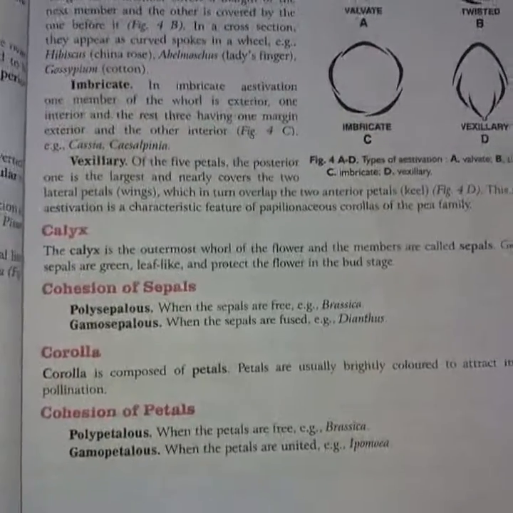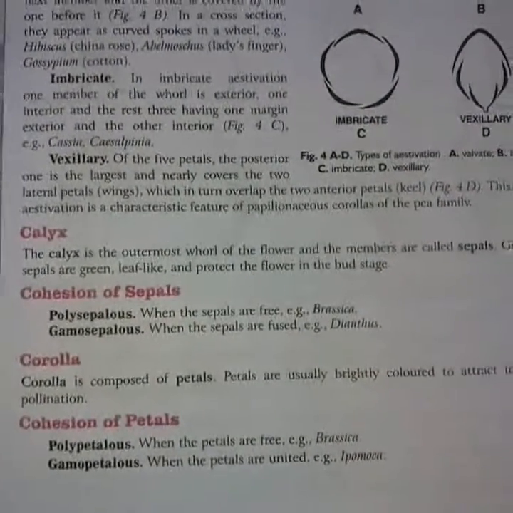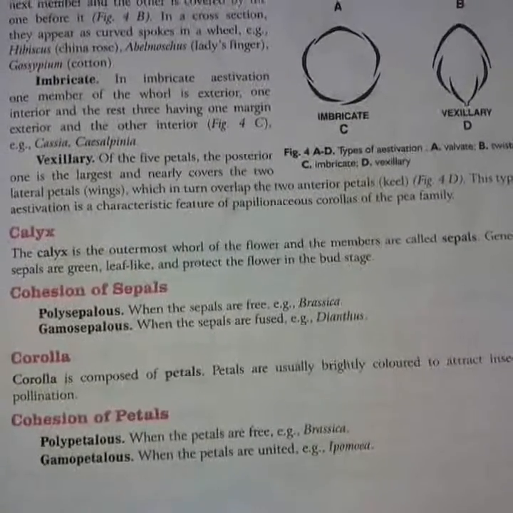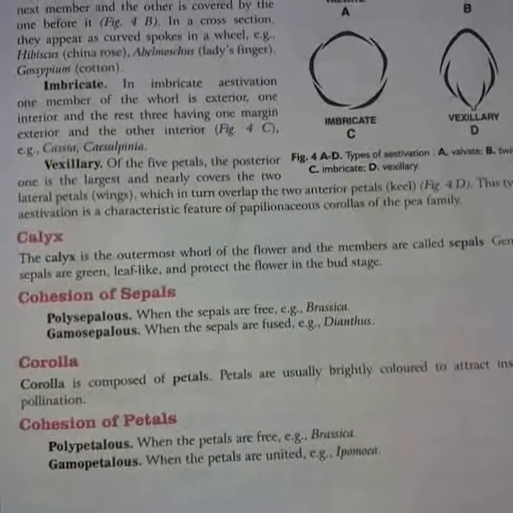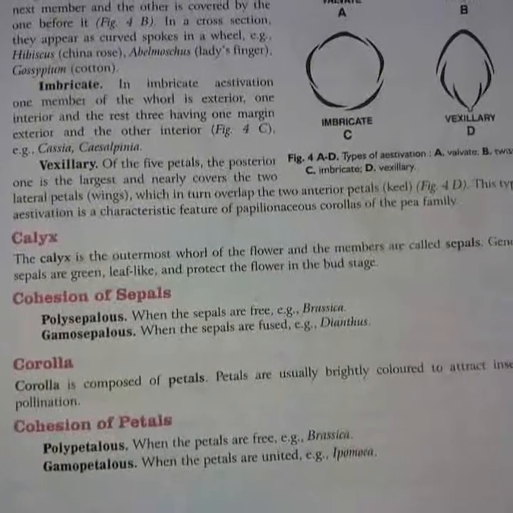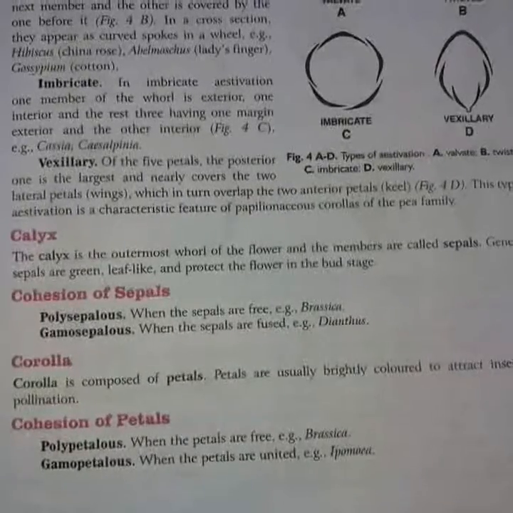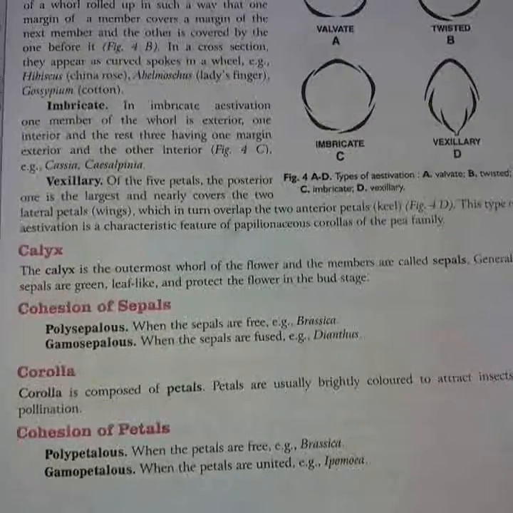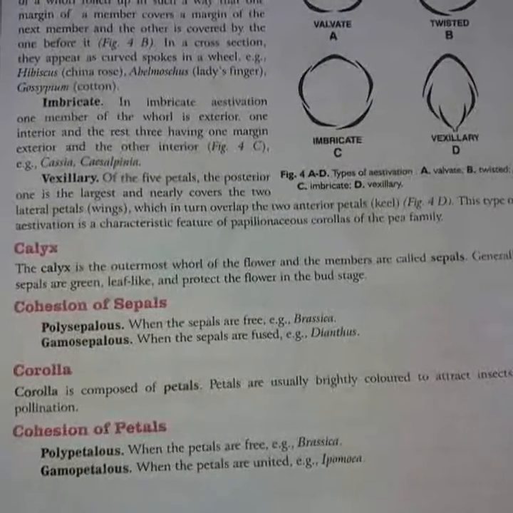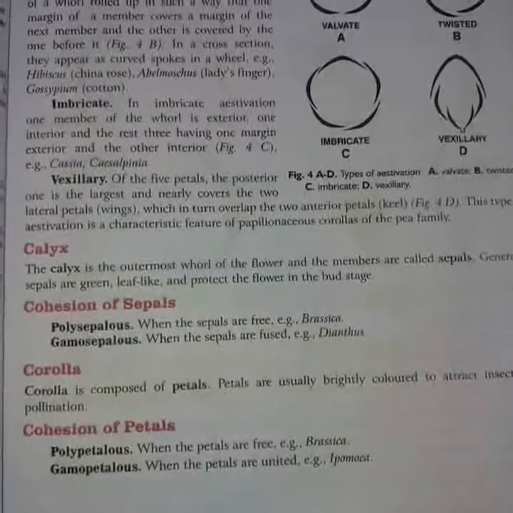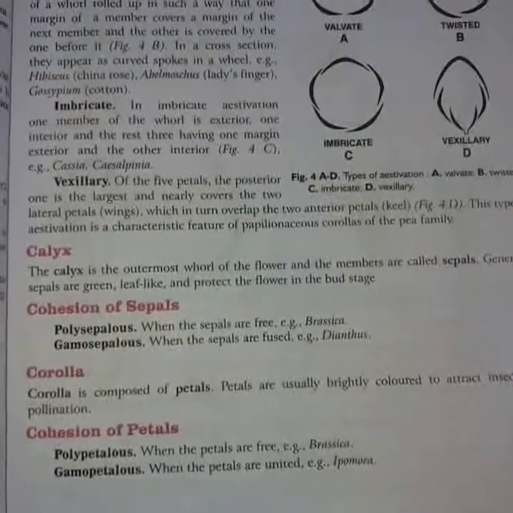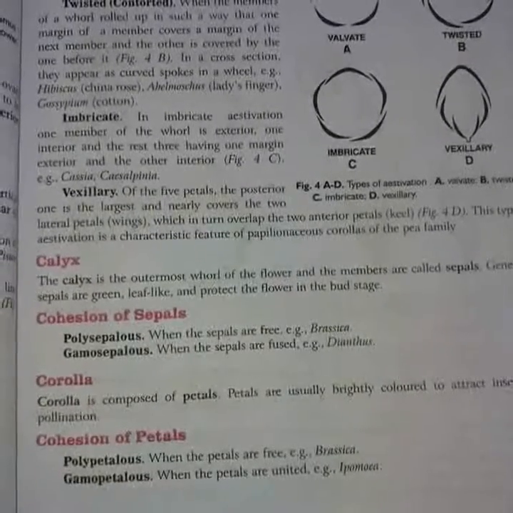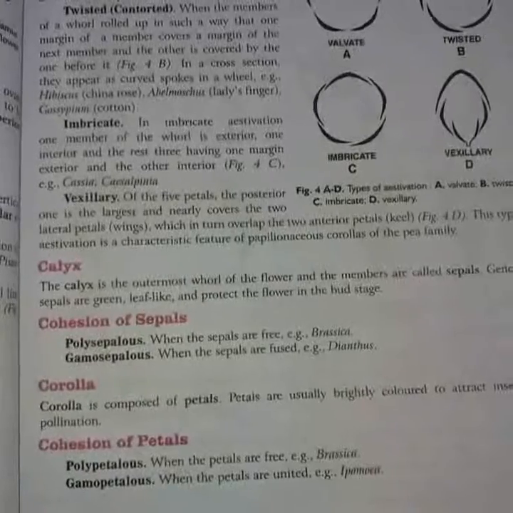Next is the position of corolla. Corolla is composed of petals. Petals are the brightly colorful and attractive parts of the flower and attract insects for pollination. Firstly we discussed the condition of sepals; here we discuss the condition of petals.